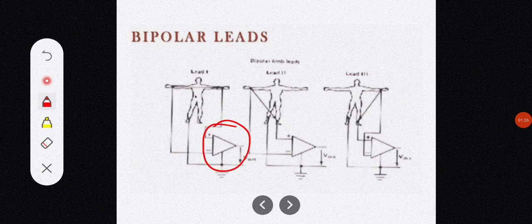So in this topic, the term lead means the particular group of electrodes and how they are connected to the amplifier. In different combinations we will have different leads, like lead 1, lead 2, lead 3.